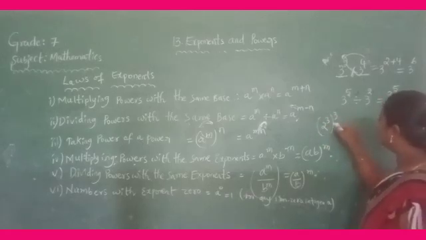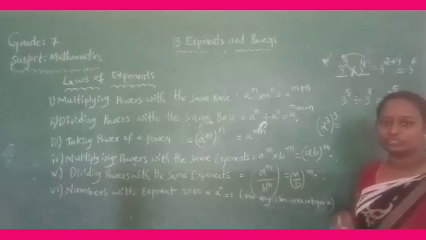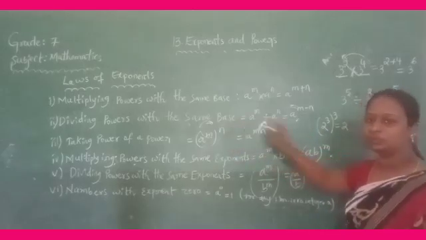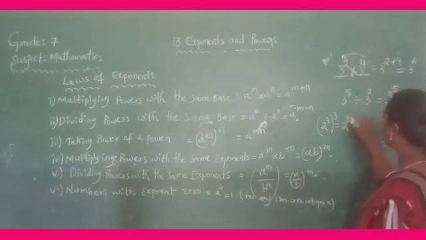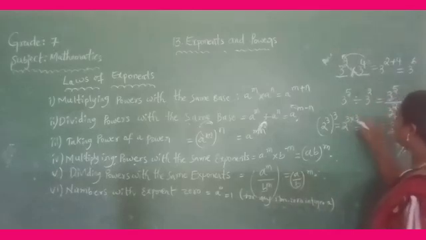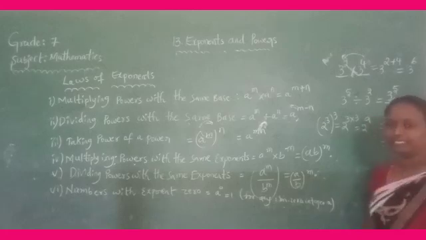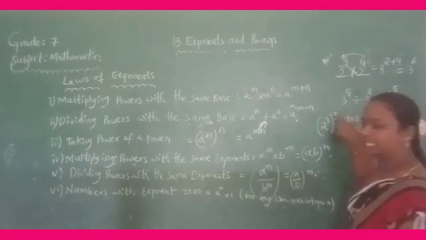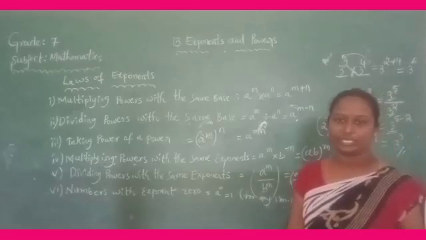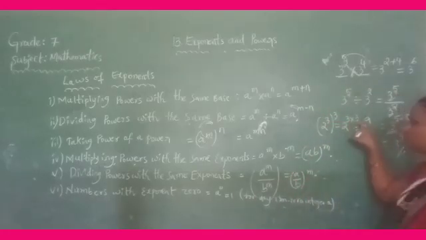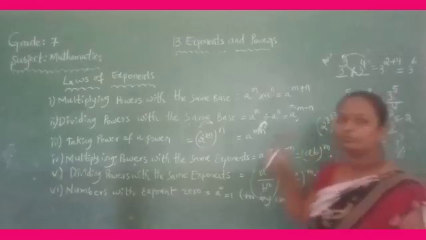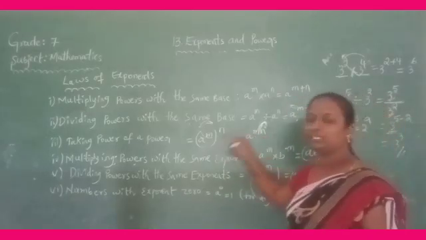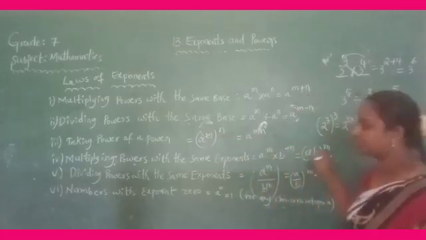Then at that time you have to remember the multiplication of the 2 powers, that is 3 into 3. 3 3s are 9, not 3 plus 3, don't do like that. So whenever the power of a power comes, you have to multiply the 2 powers. Is it clear, children? Right.